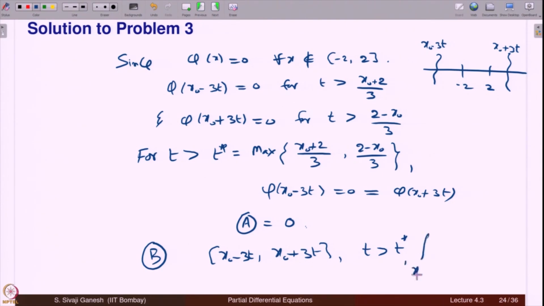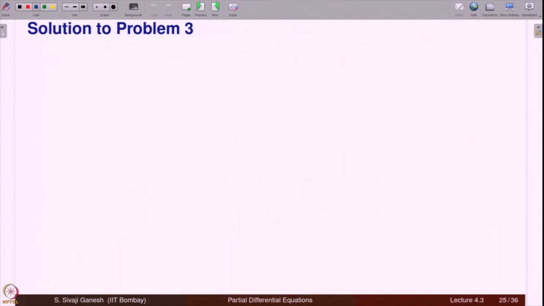Therefore, this integration from x naught minus 3 t to x naught plus 3 t of psi s ds is actually the integral from minus 2 to 2 of psi s ds. So, therefore, the term b for t bigger than the t star as on the previous slide is actually 1 by 6 times the integral from minus 2 to 2 of psi s ds, which is 1.